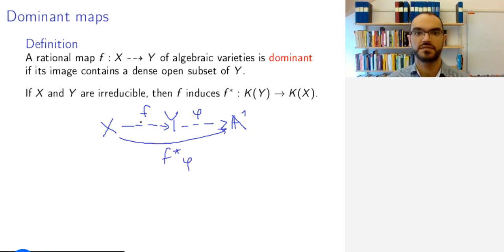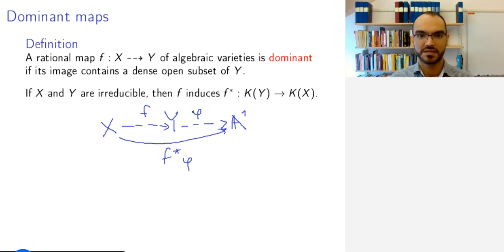And because F is dominant, you know that you will hit most of Y, so you can pull back phi to X. It will still be a rational map. It will still be defined on a dense open subset of X.